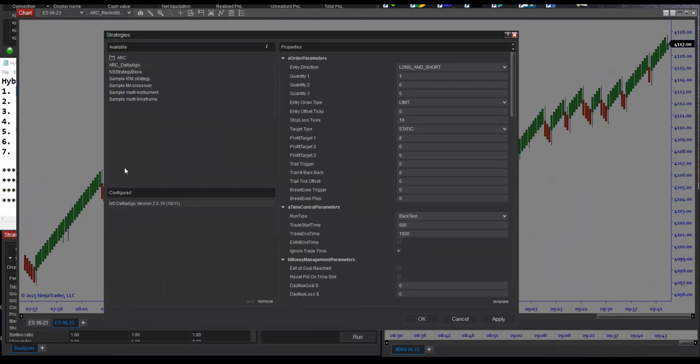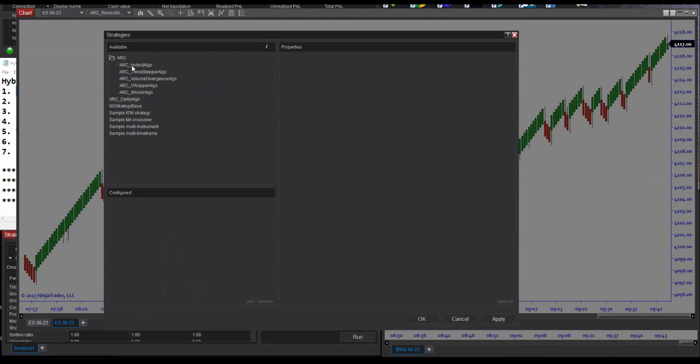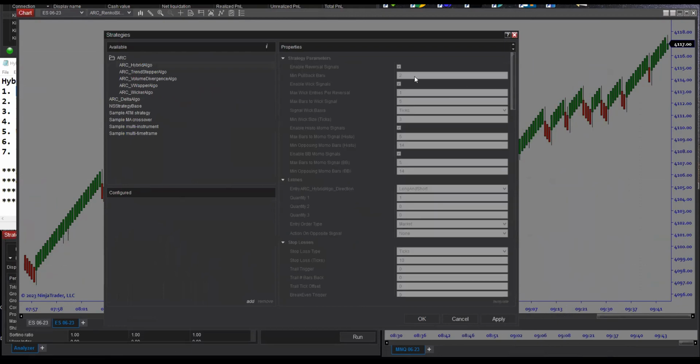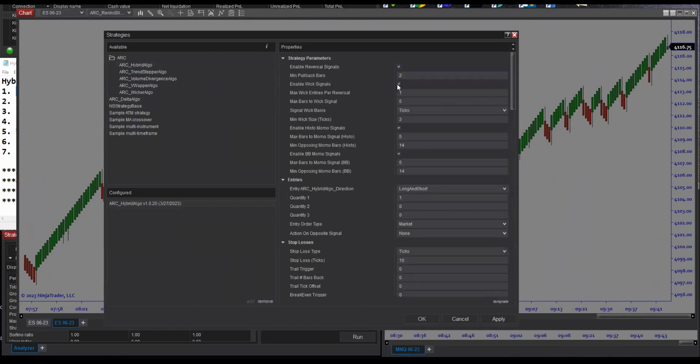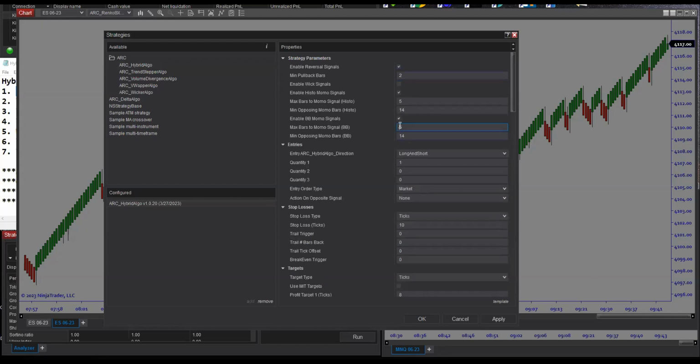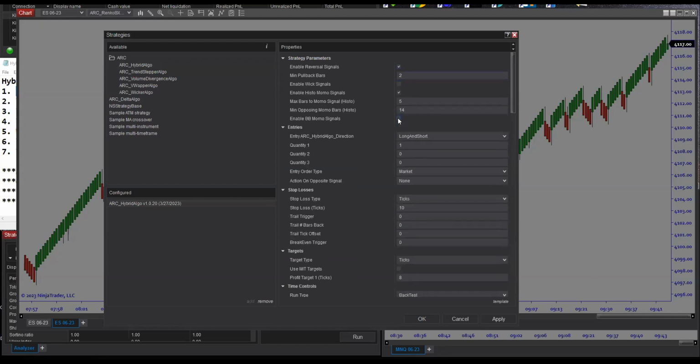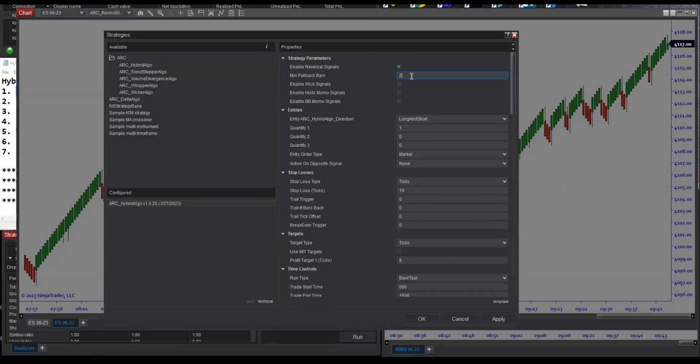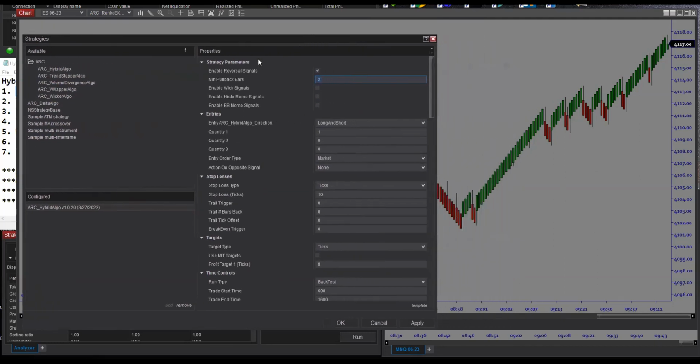If I go in here and I want to control the pullbacks, I can control the depth of the pullback, meaning I'm not going to take a reversal trade unless I've had a pullback that's a large enough depth in the opposing direction. So you see these little flips here?